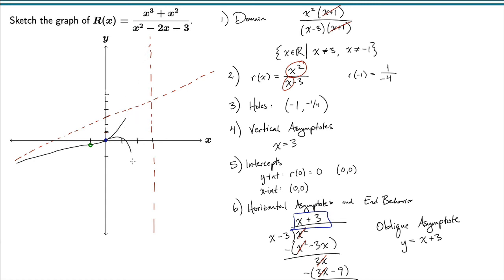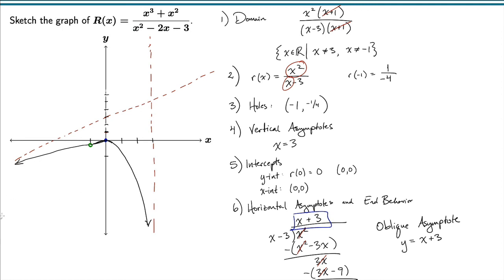Or we could bounce off and then go down. And so we need to know which that is. We just look at this (0, 0), and that came from the x squared, which has an even exponent, which means it's got to bounce off of that point. So it bounces off, comes down, and follows.